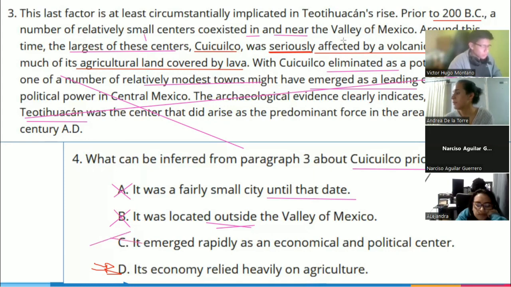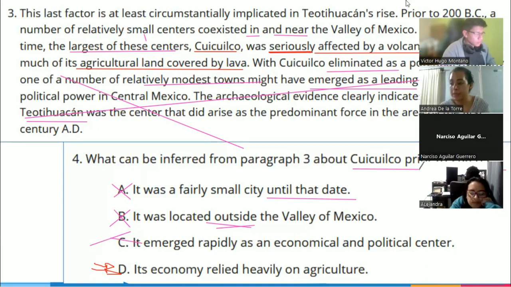And option D, for the reasons that were already explained, is the correct one. Why is it that Cuicuilco was so affected by the volcanic eruption? Why was their agricultural land being covered by lava such a big deal for them? Because their economy relied on agriculture, right? Agriculture was something important for them.